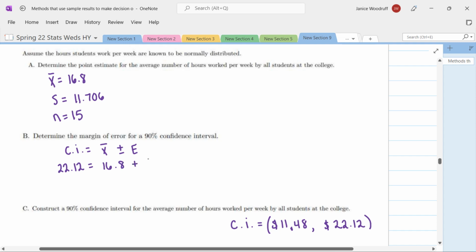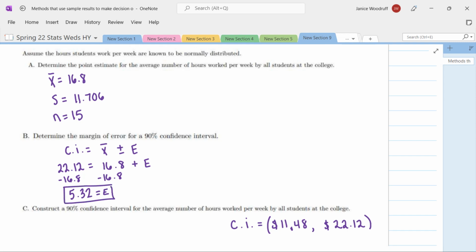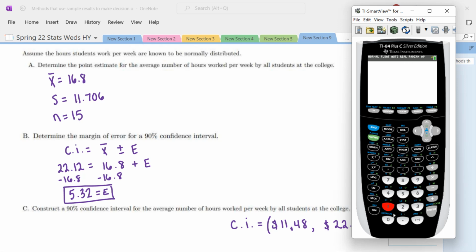And we had added E for that one. So if we subtract 16.8, that margin of error would be 5.32. Would have been that E. Because we would have done 16.8 plus 5.32, that gives us that 22.12. And then 16.8 minus 5.32.